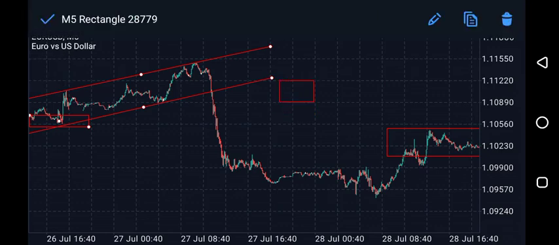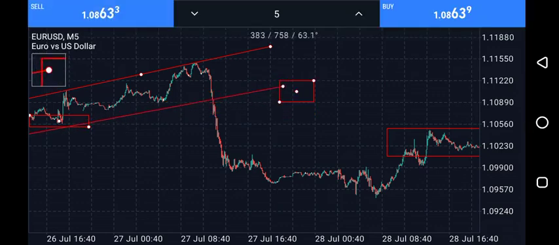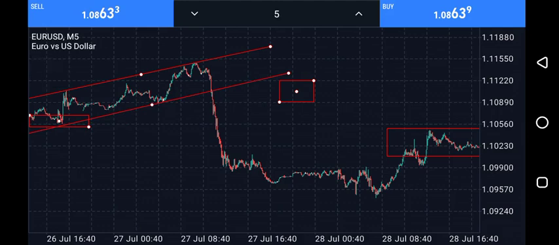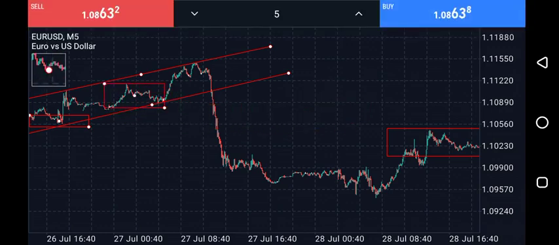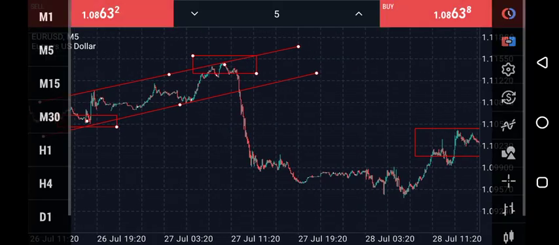Sorry, it's looking difficult to carry. This was another zone. There was a touch there. Let me get another one.